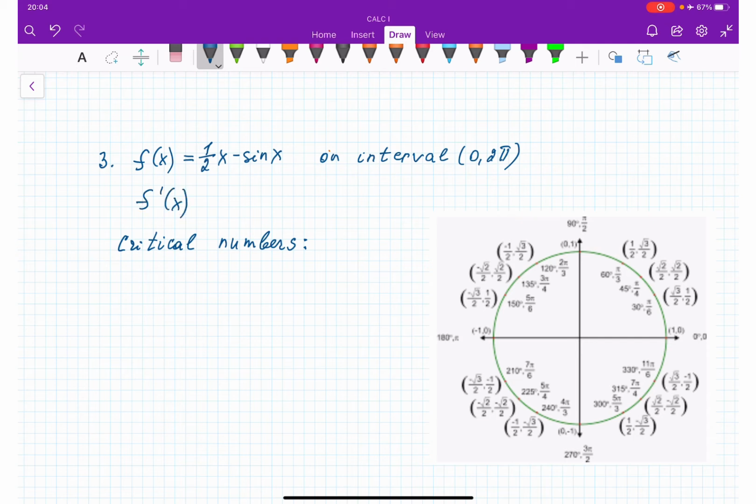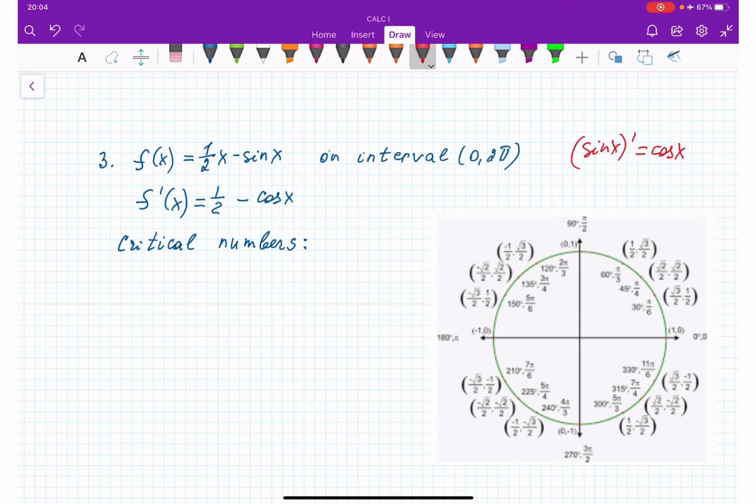F prime of x: the derivative of 1/2 x is going to be 1/2, right? Because the derivative of x is 1, so we have only 1/2 left. And the derivative of sine x is cosine x.